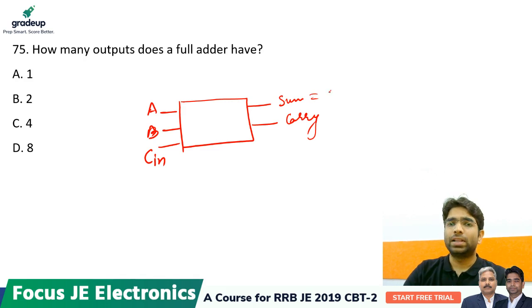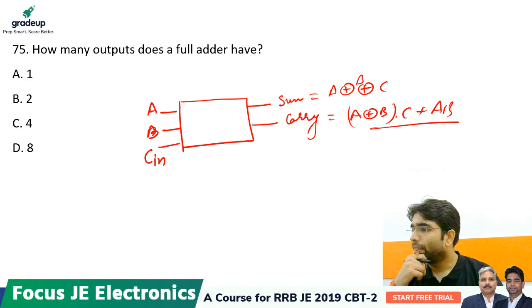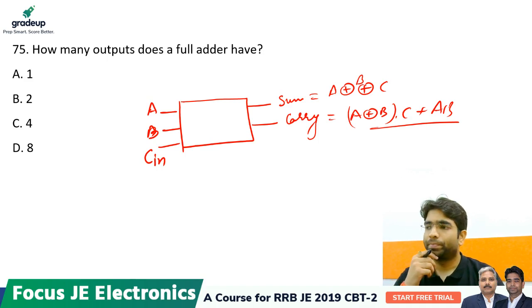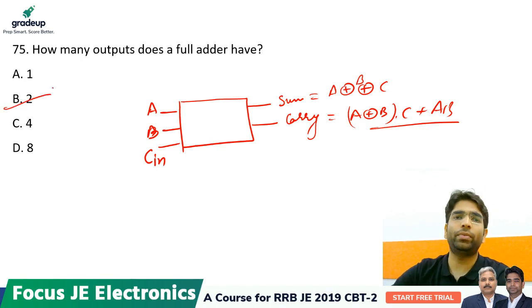Sum is A XOR B XOR C. Carry is (A XOR B) into C plus AB. So A XOR B XOR C is the sum, and (A XOR B) into C plus AB is the carry expression. So there will be 2 outputs of a full adder.